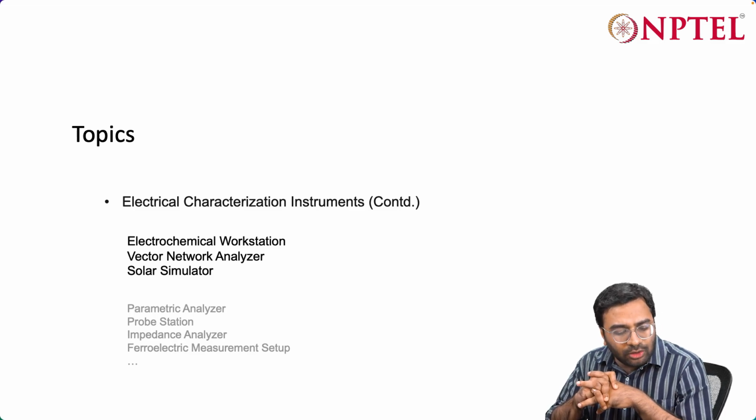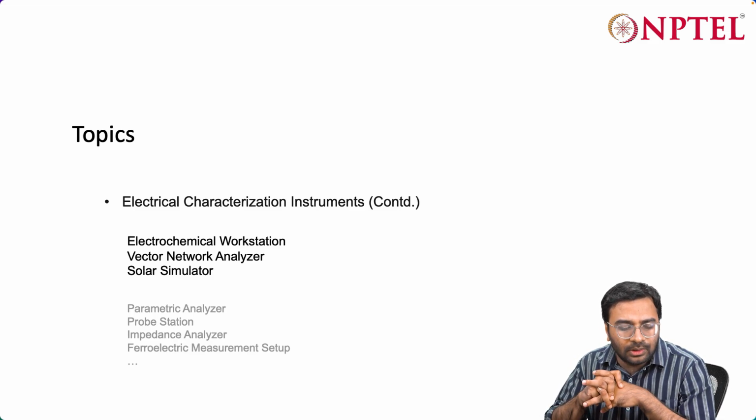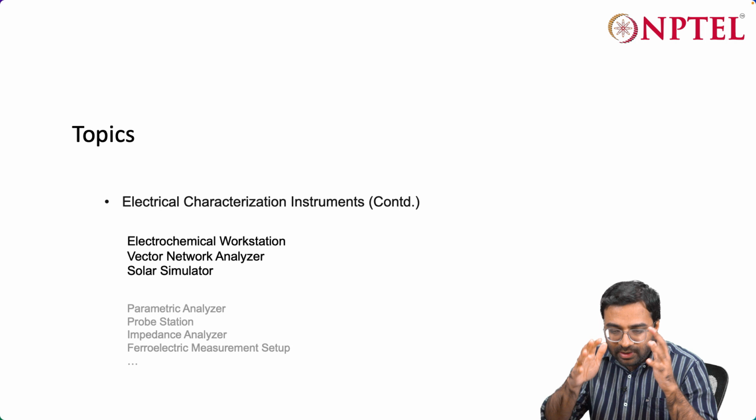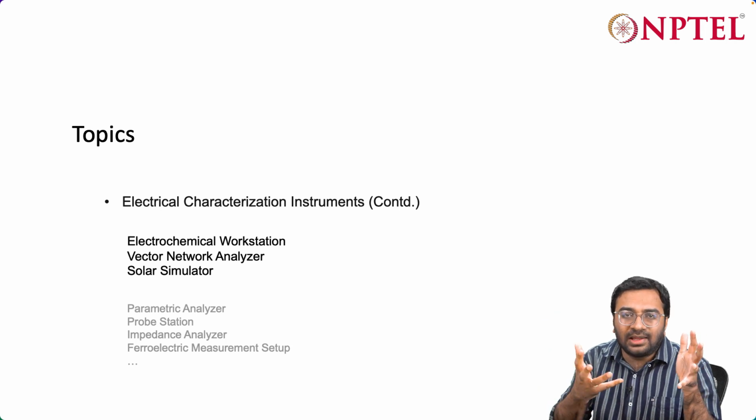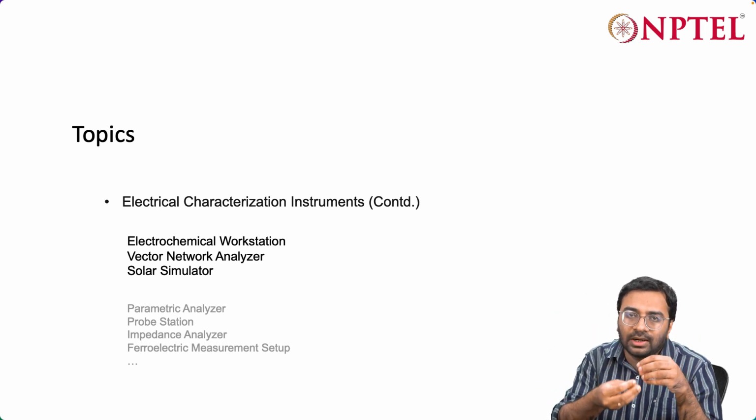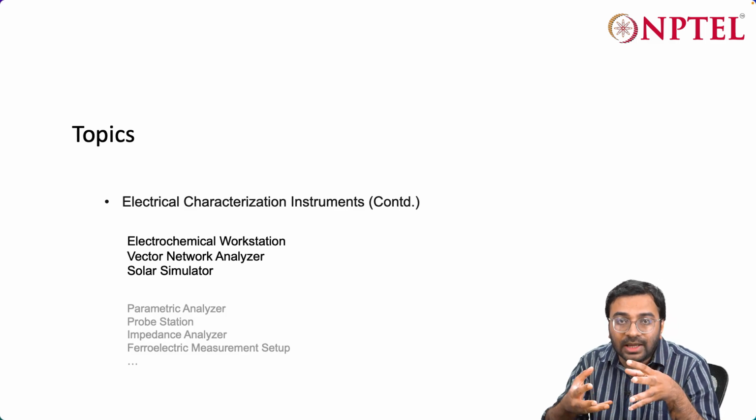Then I will also show you a solar simulator, which is again a very important instrument for optoelectronic characterization, where you have a box. Inside that you have a light source, so you can shine your sample with light of various wavelengths.